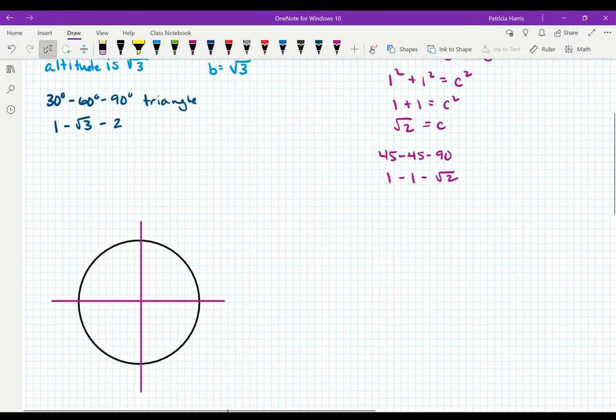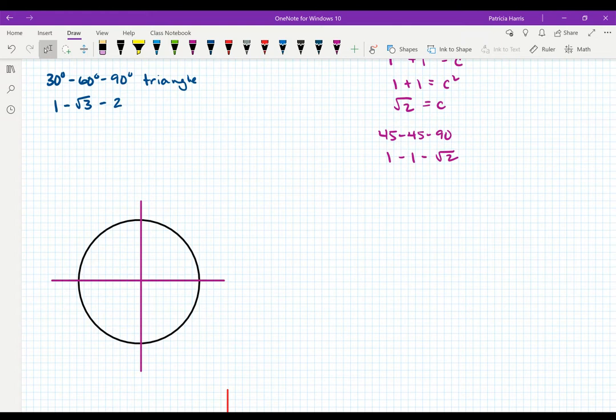Here I have an XY axis with a circle around it. This is my x-axis, and this is my y-axis. And I have a circle of some radius.